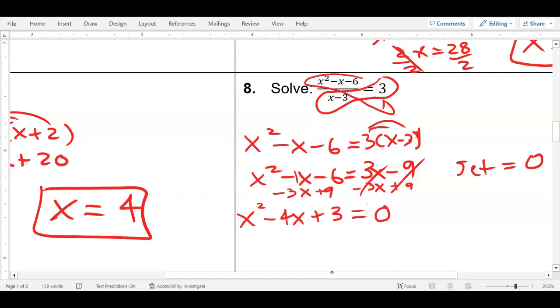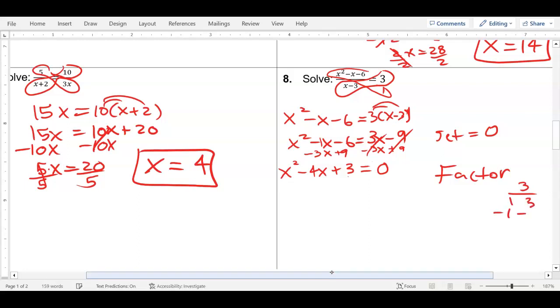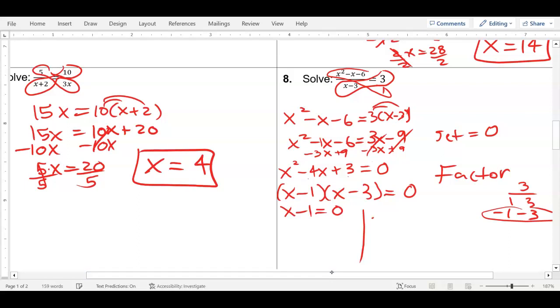Okay. Could you take that and factor it now? Remember, we need to find the numbers that multiply to make 3, which is just 1 times 3, and negative 1 times negative 3. Which one gives me negative 4? This one. So it's going to be x minus 1 and x minus 3. And then you can set it into two equations. x minus 1 equals 0, x minus 3 equals 0, and solve.